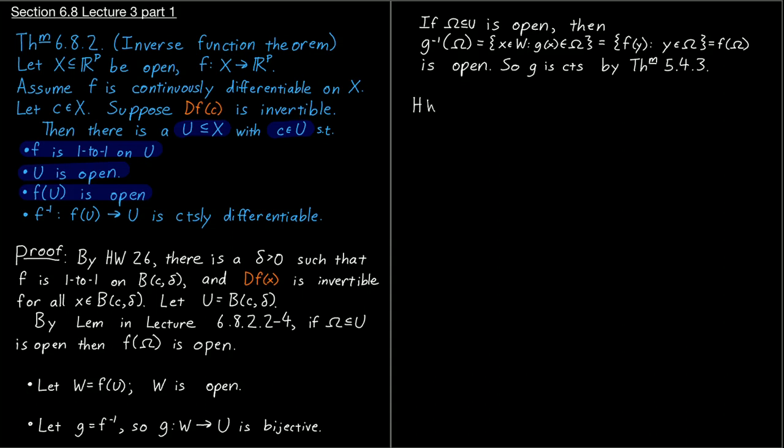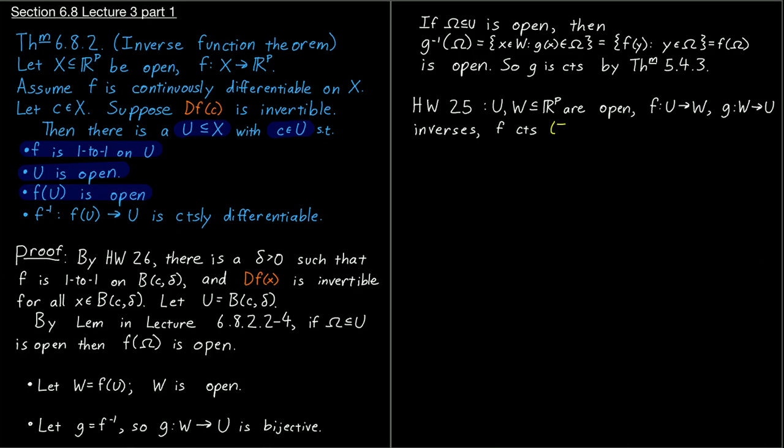Now let's remember your homework 25. This is a little bit older. We've got that U and W are open subsets of R^p. We've got F and G are inverses between these open sets. And we've got that F is continuous.